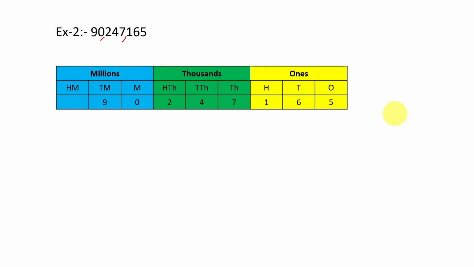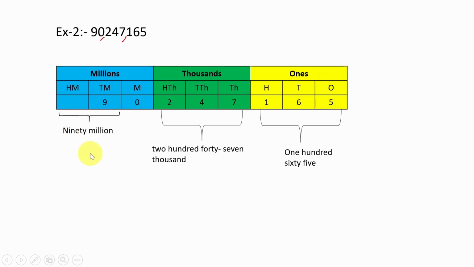Next, how to write number names? See, here in millions place there is 0. So write 90 million. 90. How do we read it? We read it as 90 million 247,165.